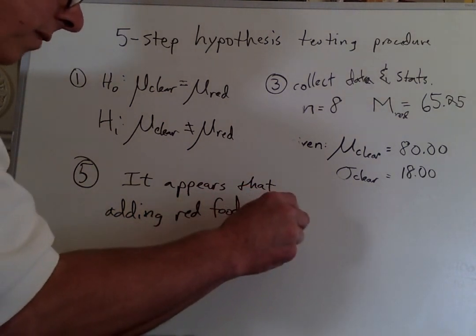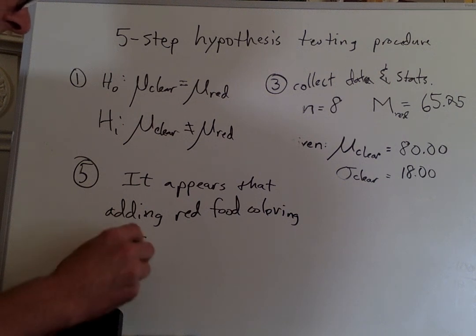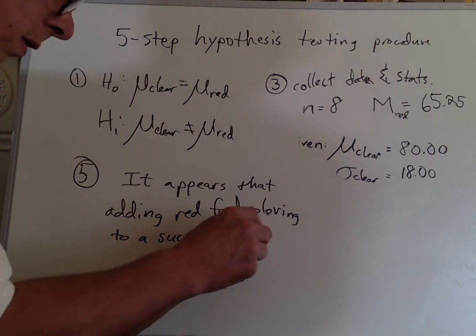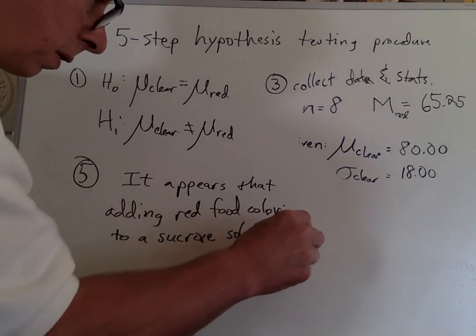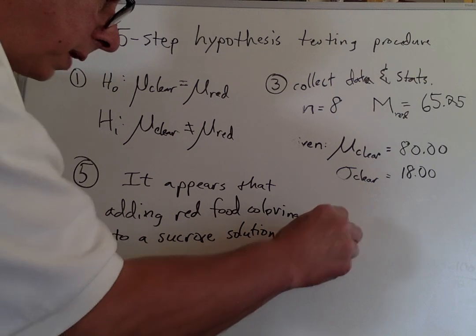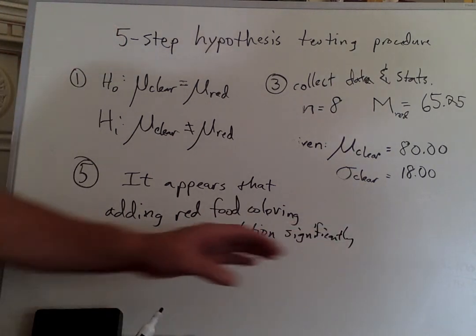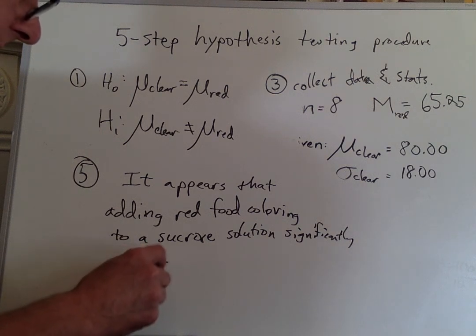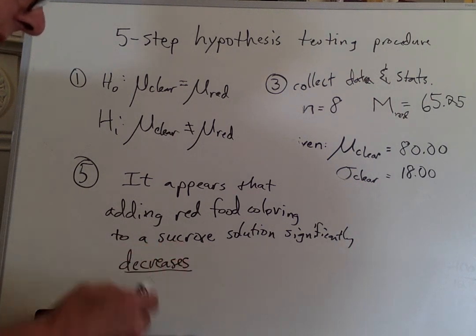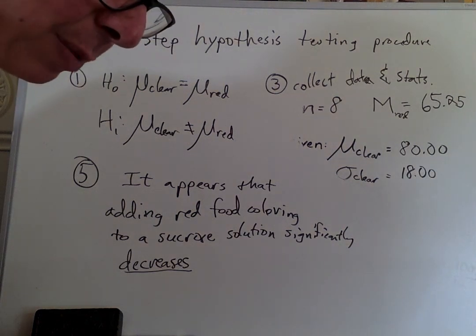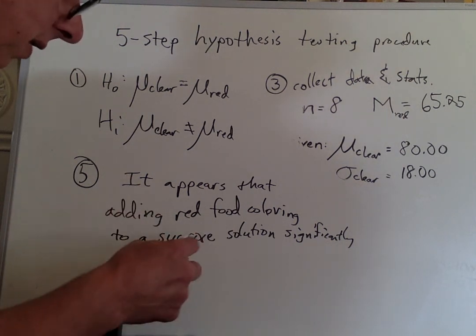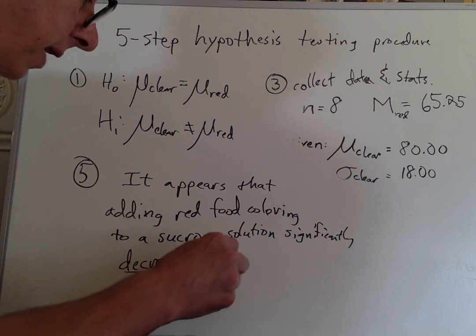It appears that adding red food coloring to a sucrose solution significantly, and this is stats terminology, we say this is statistically significant, significantly decreases. And boy, I might underline that or put it in italics if I'm reporting these findings, because we thought it was going to increase sweetness ratings. What we found was it decreases sweetness ratings.